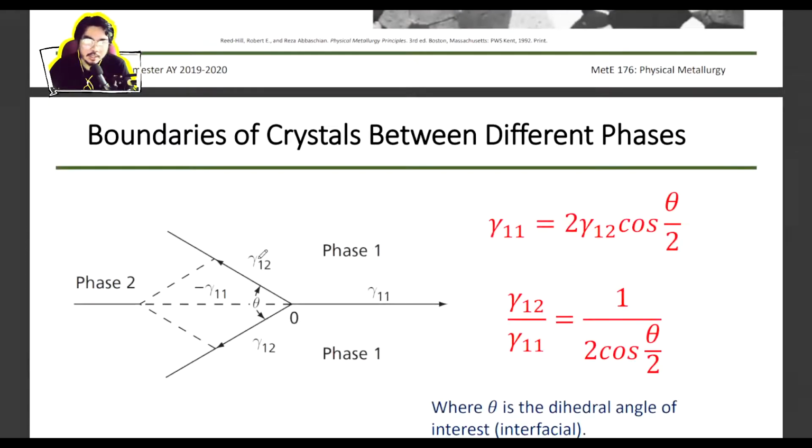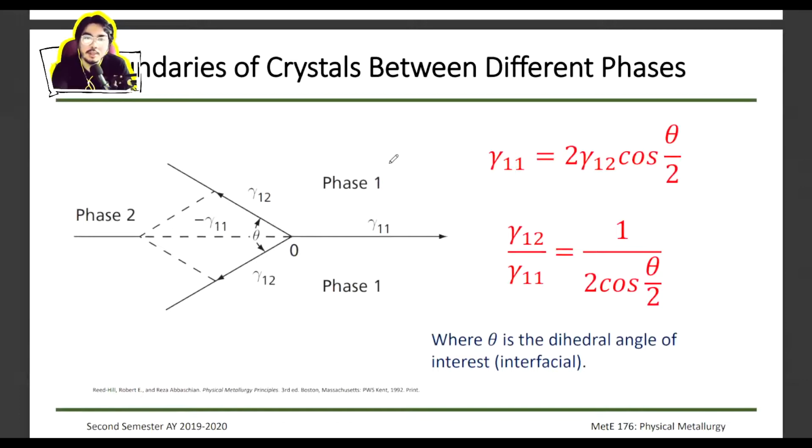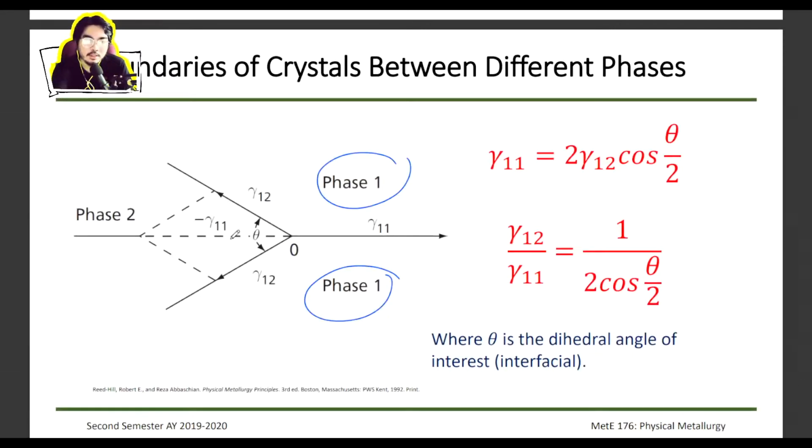Now, let's imagine na kunwari hindi siya single phase lang, no? Mayroon tayong different phases. Kunwari meron tayong phase 1, two phases, no? Kunwari ito yung tawagin natin the second phase, no? Usually pag sinabing second phase, we almost always mean precipitate. So the first phase usually means the host phase.